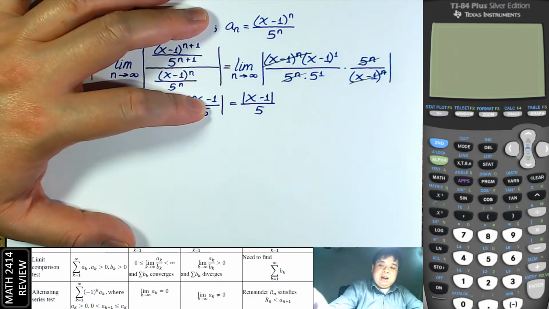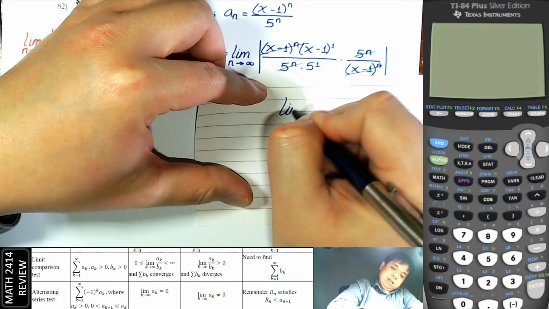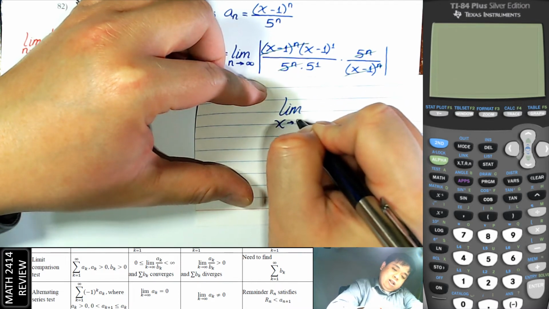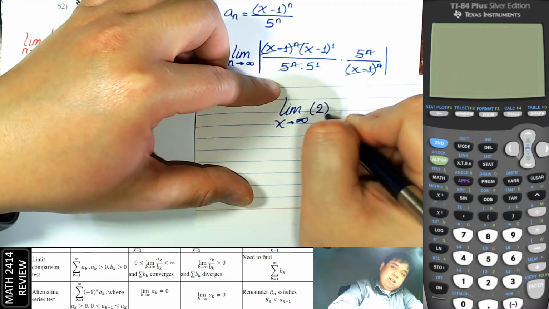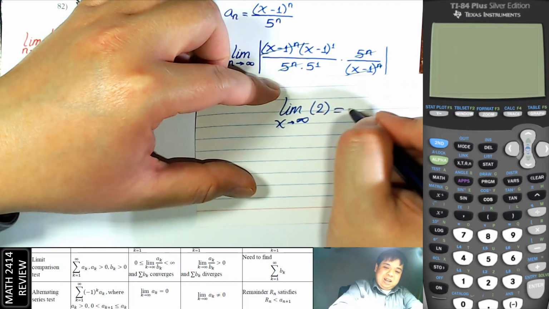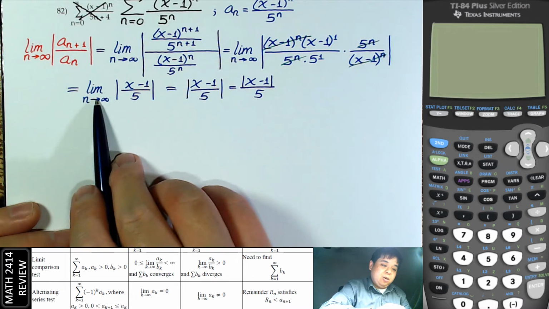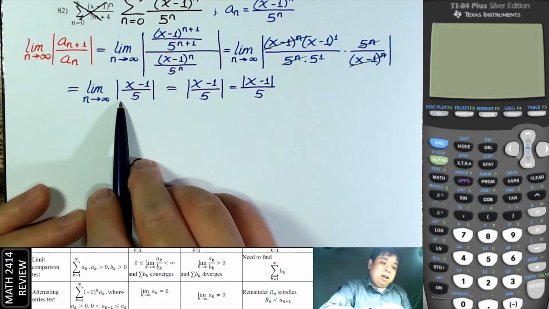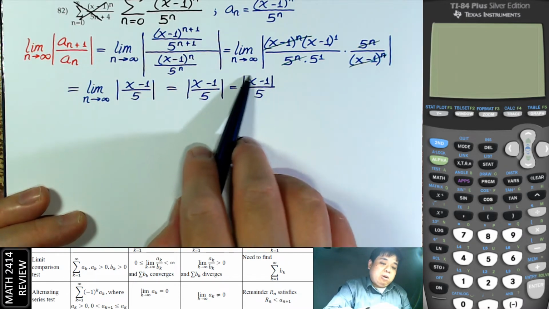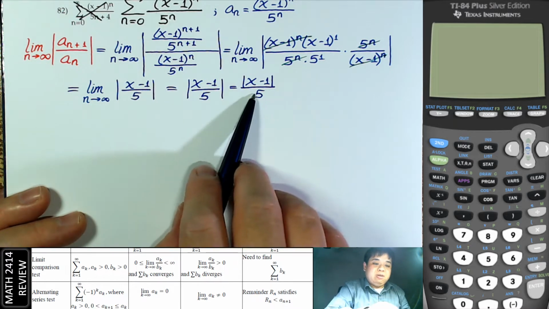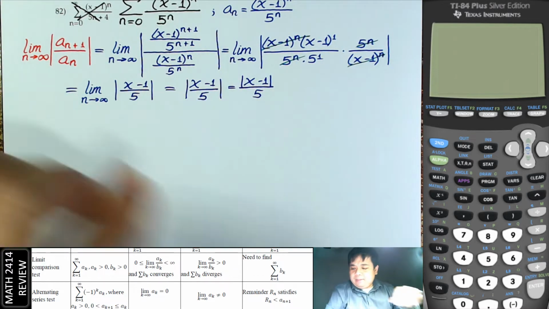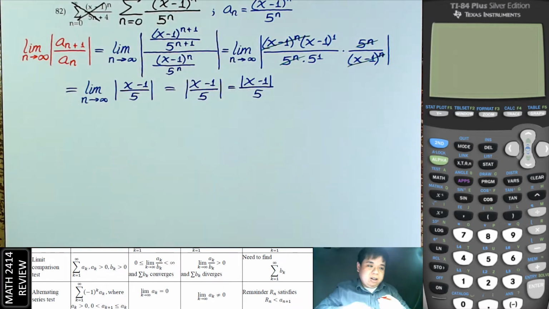Just as if I ask you, what is the limit as x goes to infinity of 2? Of course, there's no x in there to substitute, just 2, right? Same thing here. There's no n to substitute in. And then finally, absolute value is only required for x minus 1 because the 5 is positive. We don't need that.